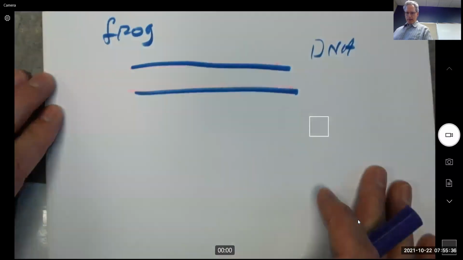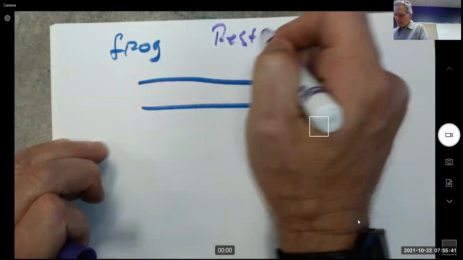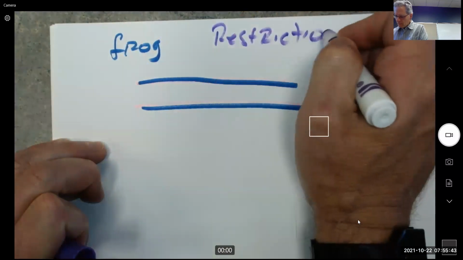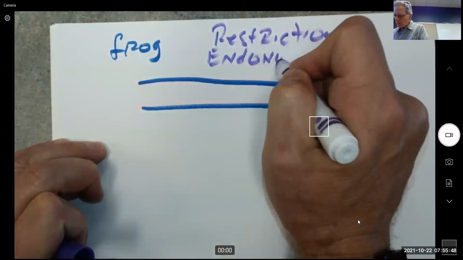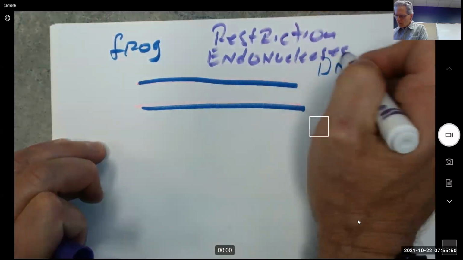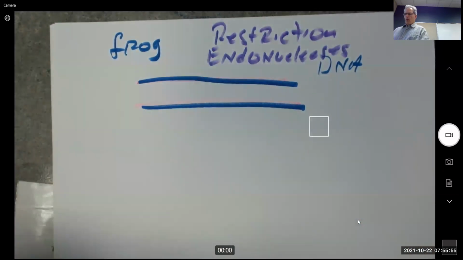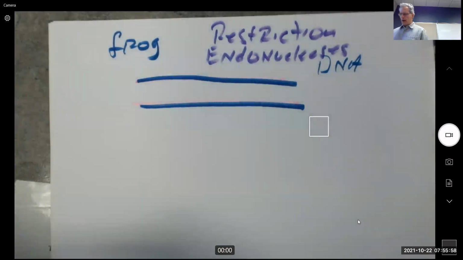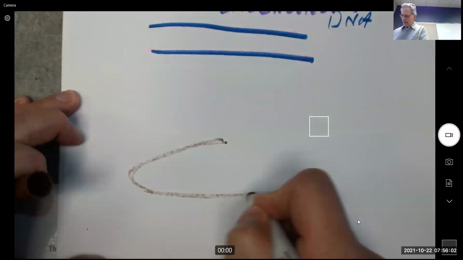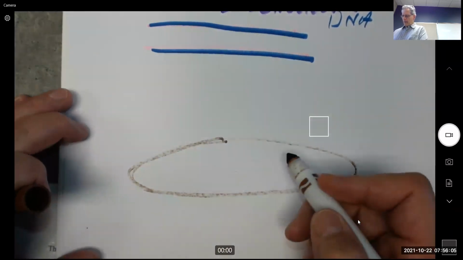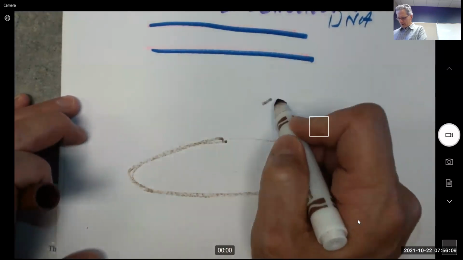It's a wrestling match with this thing. These were first found in bacteria. What they do in bacteria is the following. So let's say you have a bacterium, and that bacterium is infected by a virus.